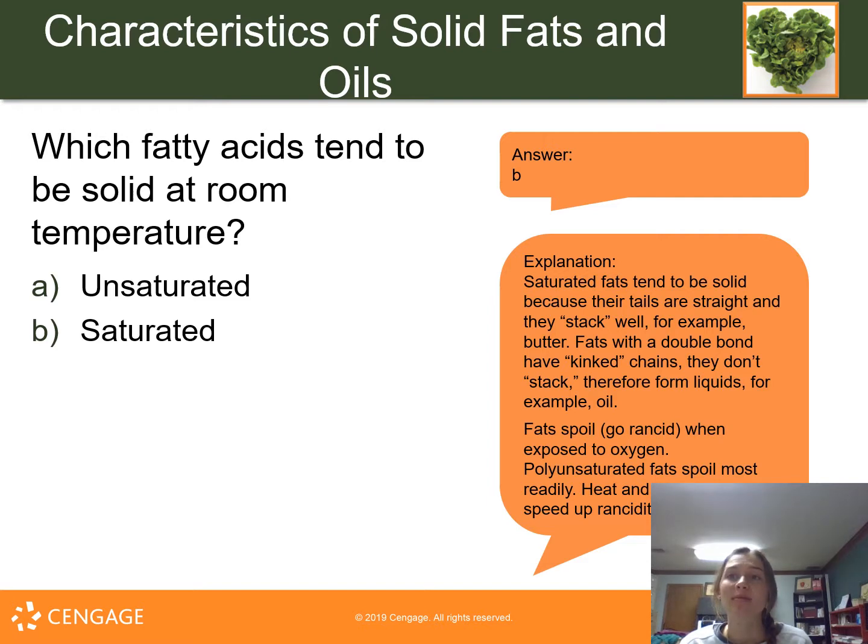So fats with a double bond have a kinked chain, and that's going to be an unsaturated fat. And so they don't stack as well, and they're mostly found as liquids at room temperature, like oil, like olive oil. Fats go bad when exposed to oxygen, but polyunsaturated fats spoil most readily, and heat and light exposure also speed up the process of fats going rancid.